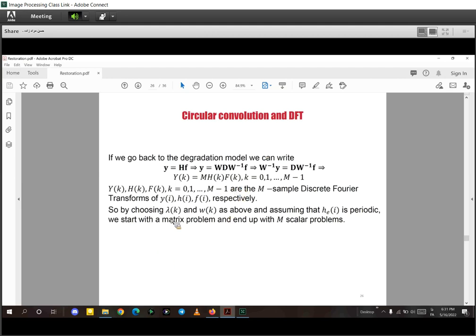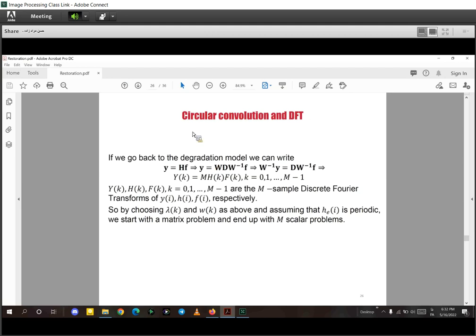So by choosing Y k and W k as above and assuming h is periodic, as in the last slides, we start with a matrix problem and end up with M scalar problems. This item is a scalar, this item is a scalar, and this item is a scalar, and this is very good and simpler for computing.